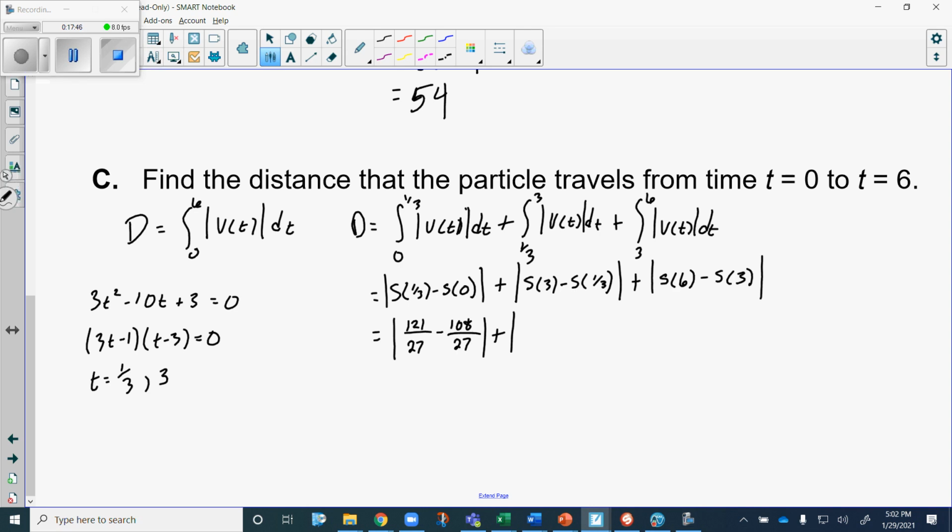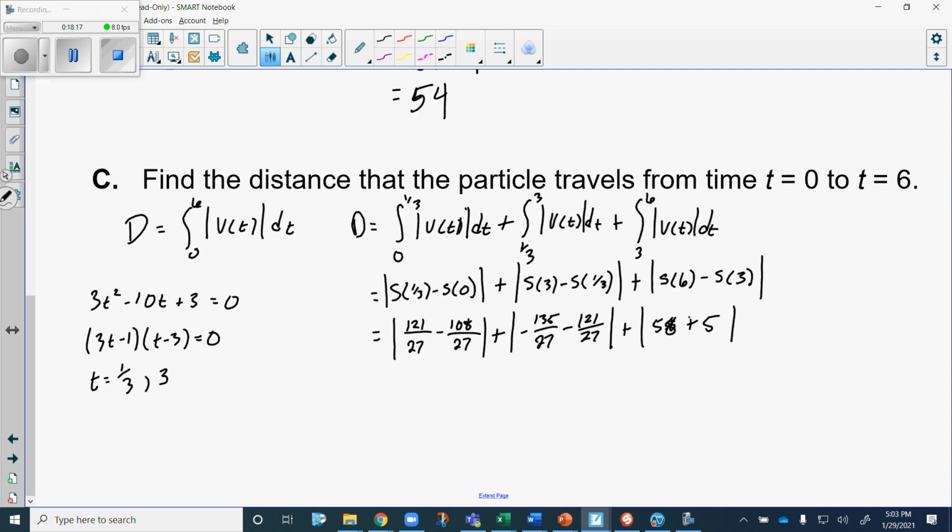Here I'm going to get a negative 135 over 27 minus 121 over 27, plus the third interval, s of 6 minus s of 3. I'm going to get 58 plus 5 in this case. 58, not 5.8. 58 plus 5.